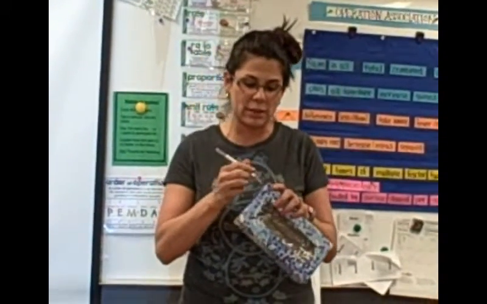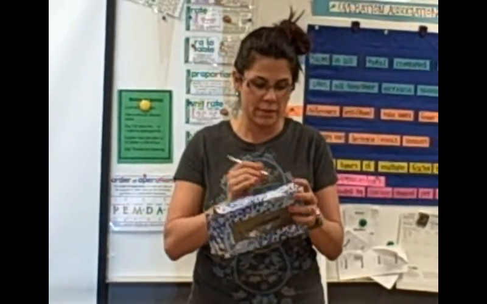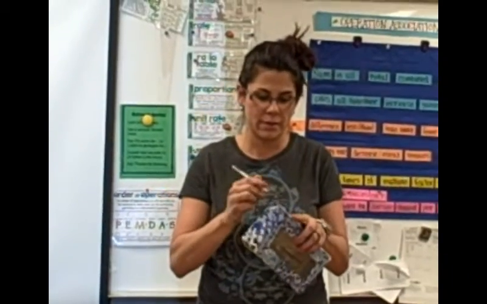All right, so what I'm going to do now is go ahead and unfold this box so we can see what it looks like. And now that it's unfolded, this is what we have. This is the net.